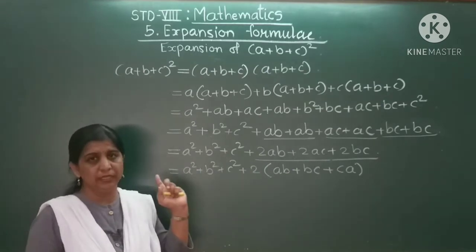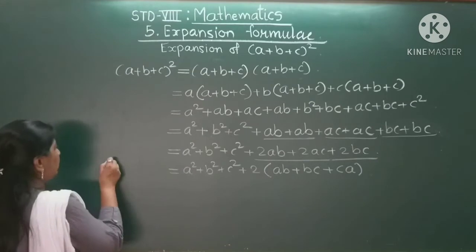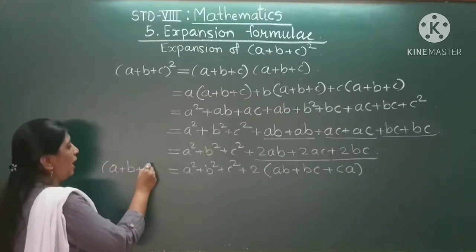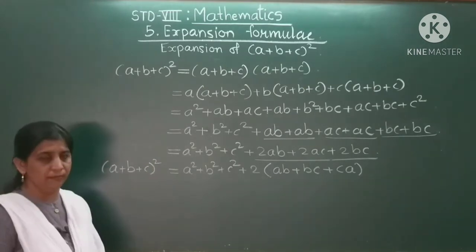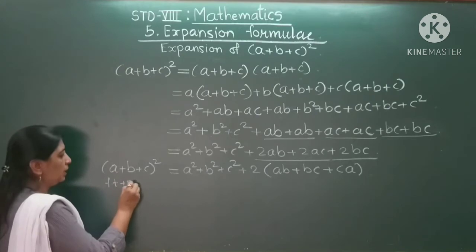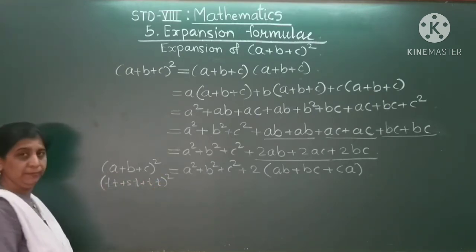How to remember this? See, if I consider A as the first term, B as the second term and C as the third term, I will write it as first term plus second term plus third term, bracket square.